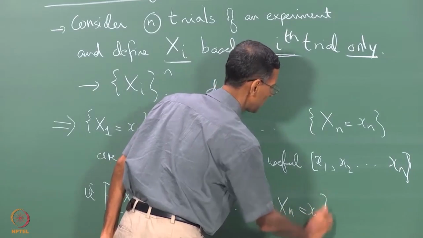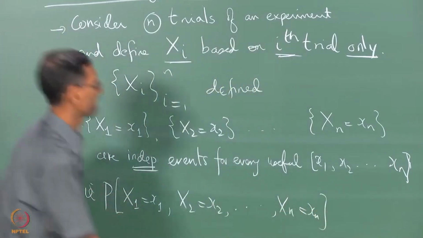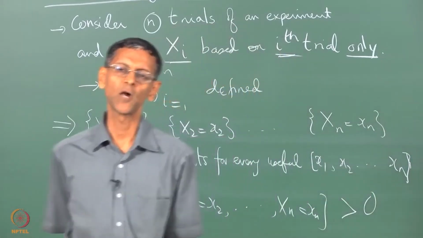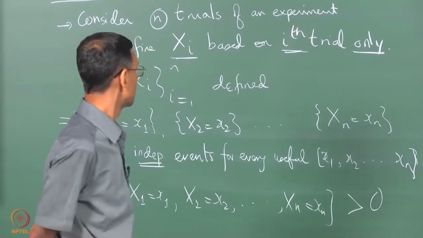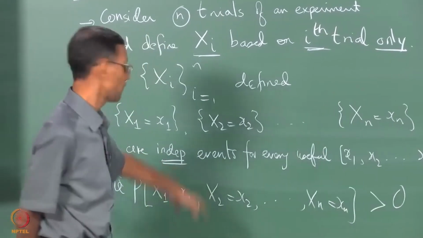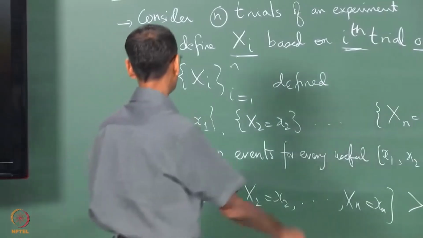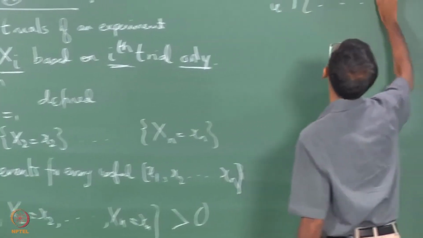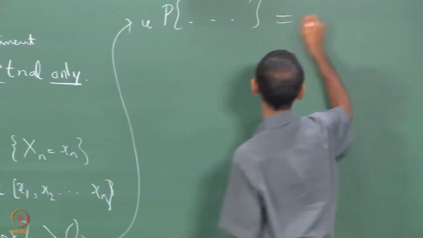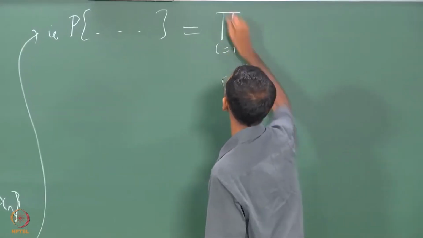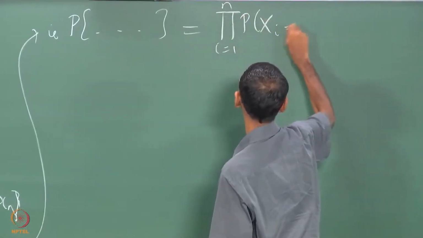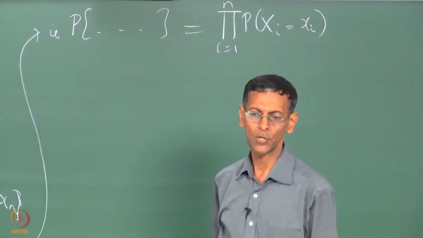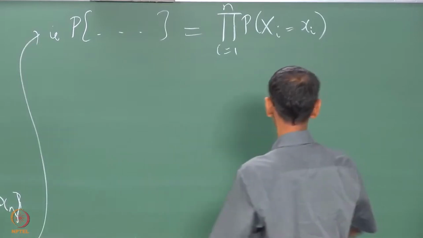This is a joint probability that I want to choose small xi's such that this joint probability is positive, and we have that quantity being equal to the product of the probabilities of the individual events, right?